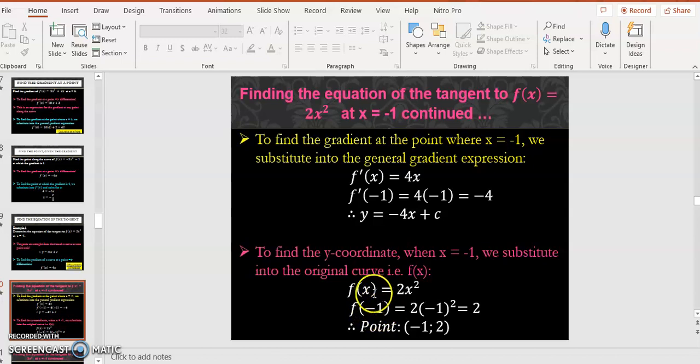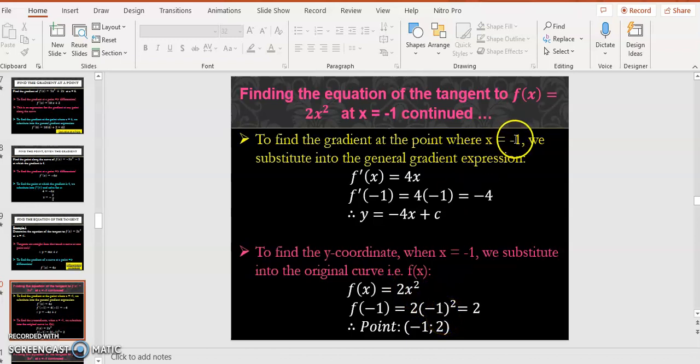So what are you going to get? x is -1, so 2 into bracket -1 all squared. This is the 2 times x squared. What is our x? -1.